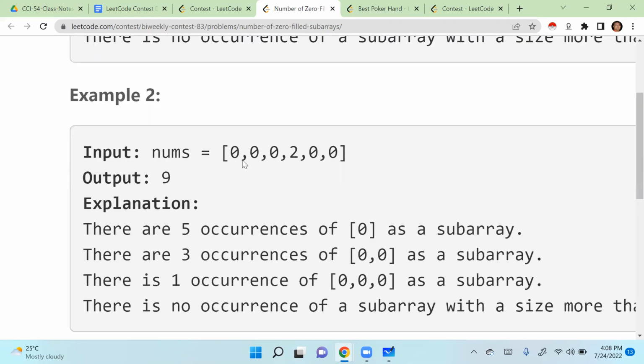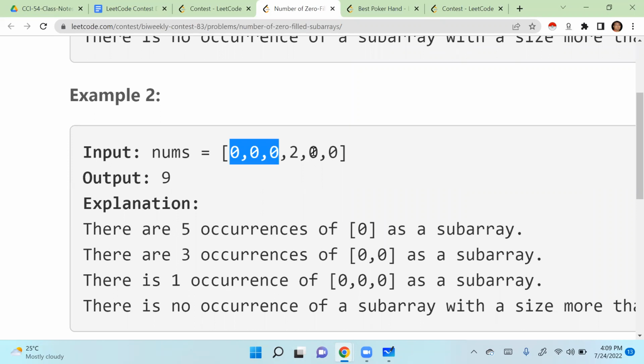And in the second example, if 3 zeros are together, how many subarrays will you get out of these? It will be 3 into 4 by 2. 3 into 4 is 12, 12 by 2 is 6, plus again 3. 6 plus 3 is 9. So it was just a mathematical formulation by finding the start and end index.